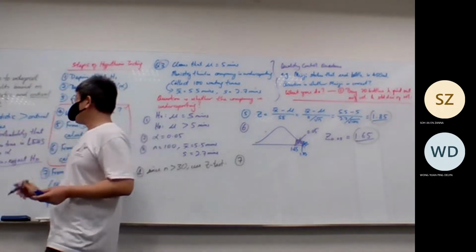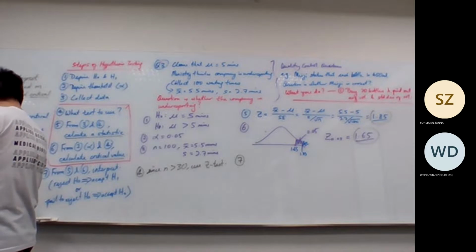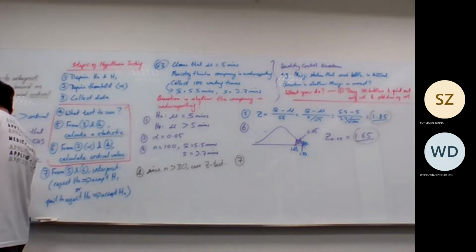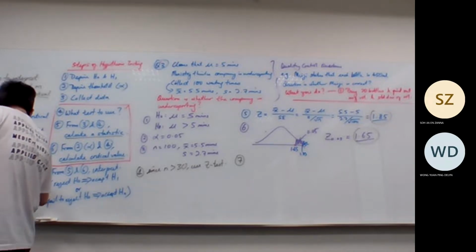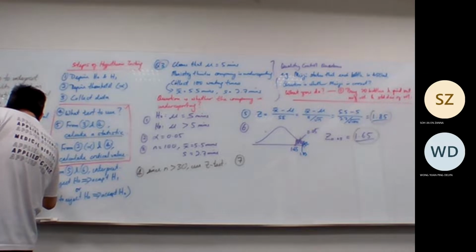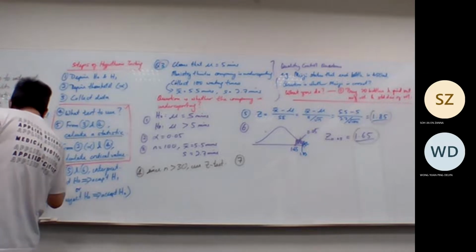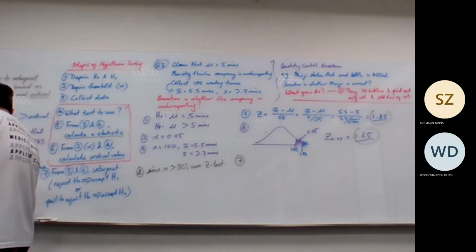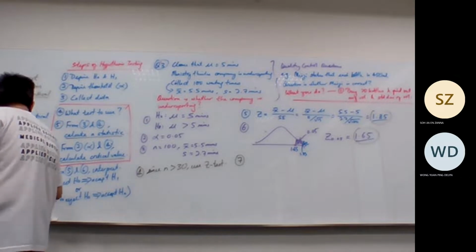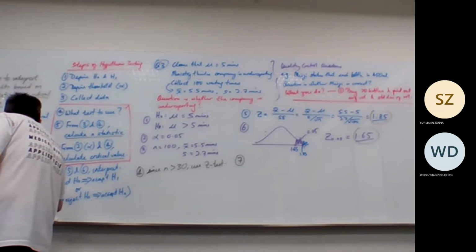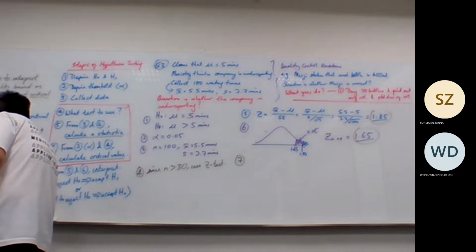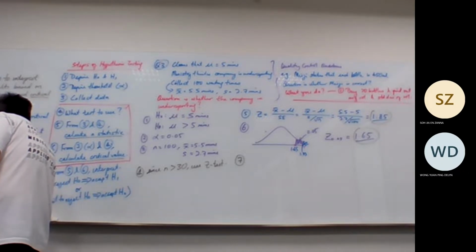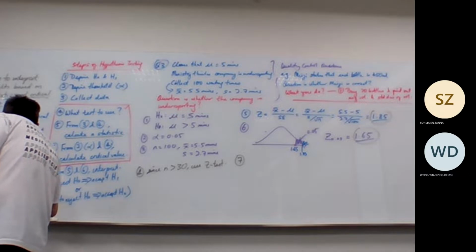Automatically, the converse is true. So if the statistic is more than the critical value, this means that the probability of the null hypothesis being true is actually more than your alpha.